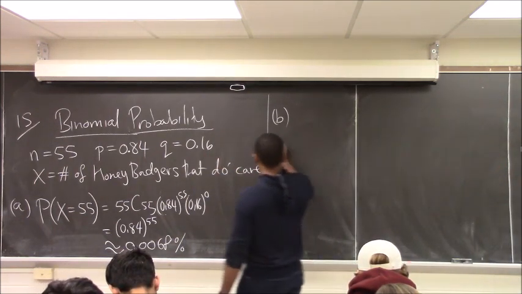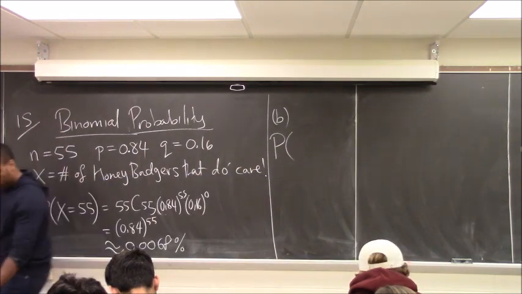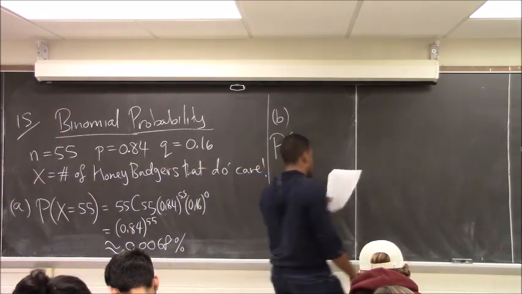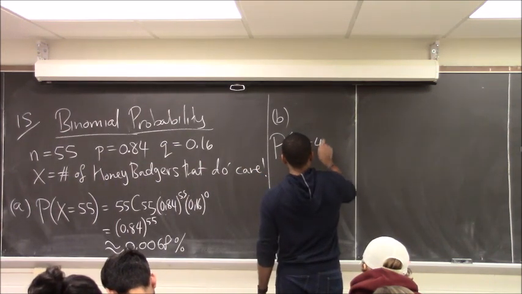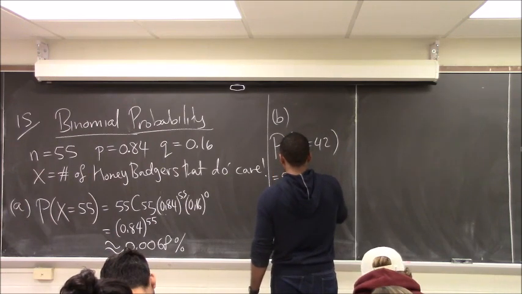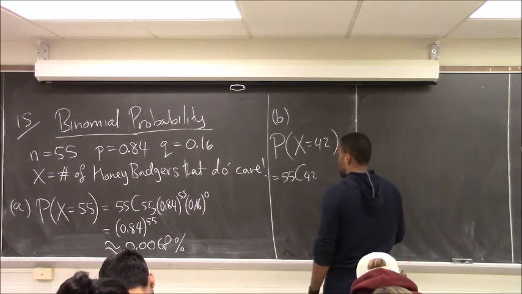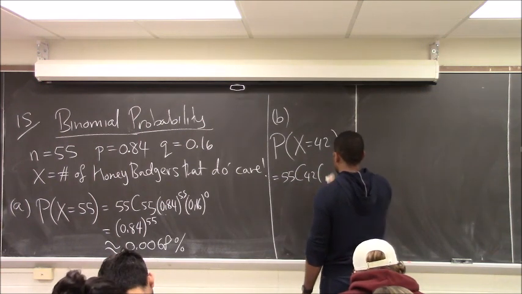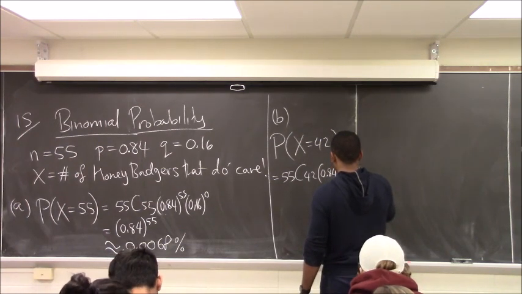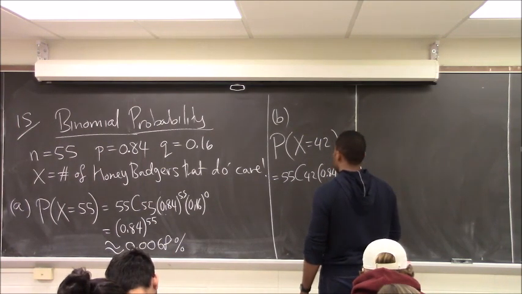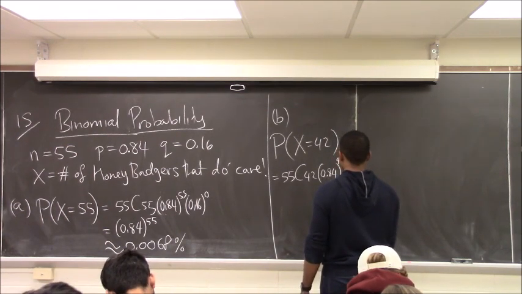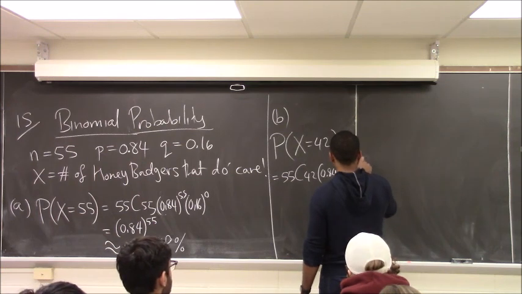B. Use the same equation, except X is now exactly 42. What is the probability that exactly 42 don't care? So it's X equals 42, and that is going to be 55 choose 42, times 0.84 to the 42 times 0.16 to the 13.